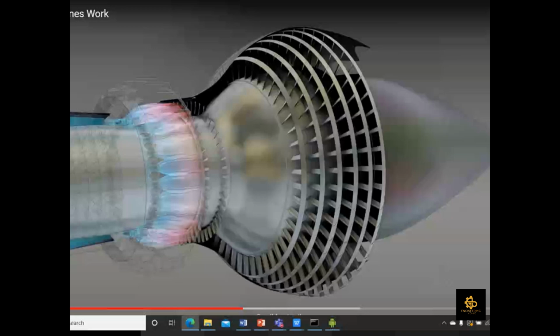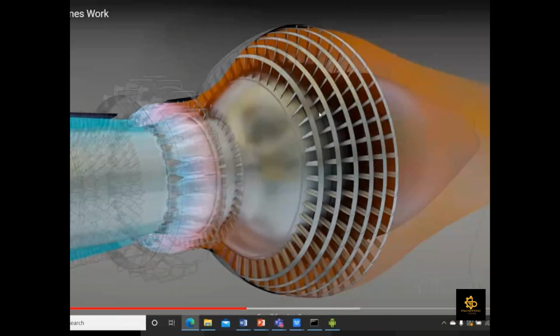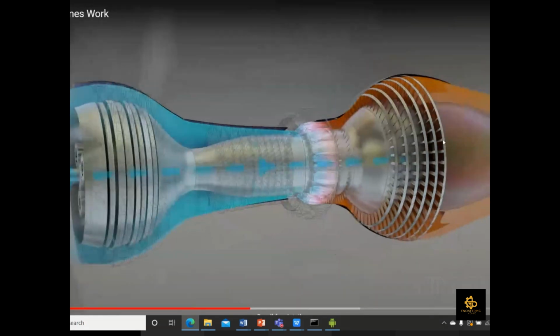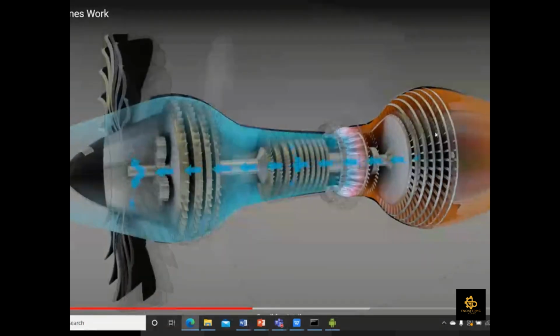Now the important part is how we produce the work in your turbine section. Basically, the combustion process will result in exhaust gases. We have to pass these exhaust gases through this blade section, which also has stages, and then we convert the energy of these exhaust gases into rotary energy. This will result in the rotation of the turbine.